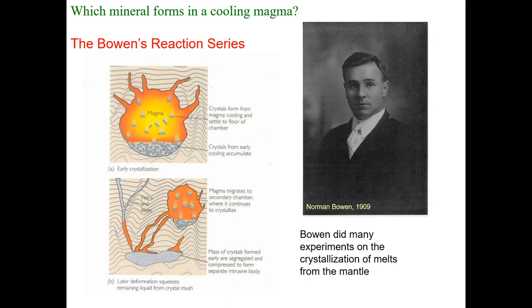But okay, so this is Bowen's reaction series. So let's talk a little bit about this. Bowen was a real famous petrologist, and he did this experiment where he just took a big vat of basalt, like let's say basalt rocks. And he turned the heat on. There's the fire. And he melted that basalt.